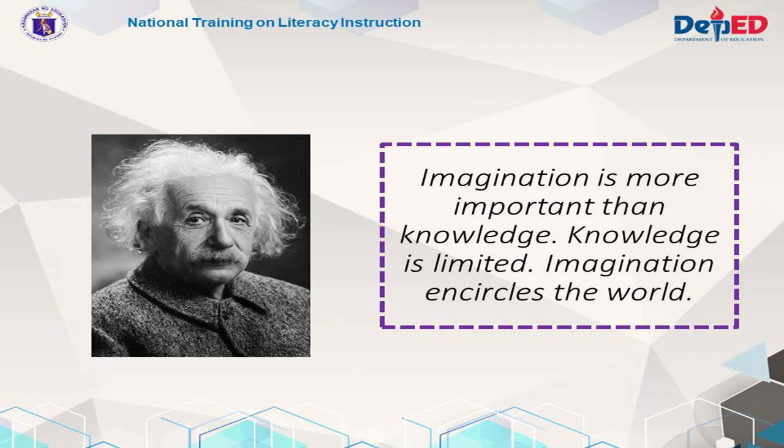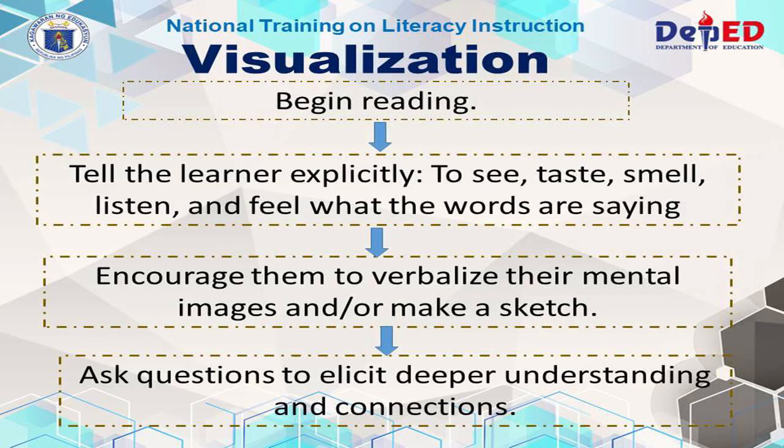So how do we do visualization? Of course, very basic. Let's just recap. Everything starts from reading. Could be read aloud, especially for young learners, could be guided, silent, etc. Later, we will do that. And this step, I think this is the step that we miss. We assume that our learners will just automatically visualize, right? But without telling them, okay, class, as we read, try to imagine.